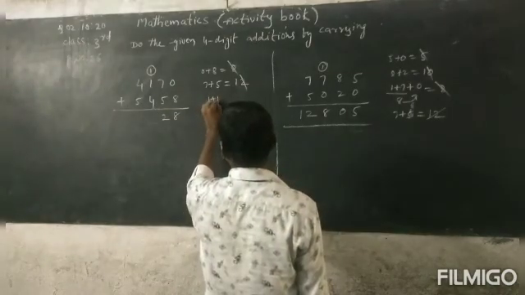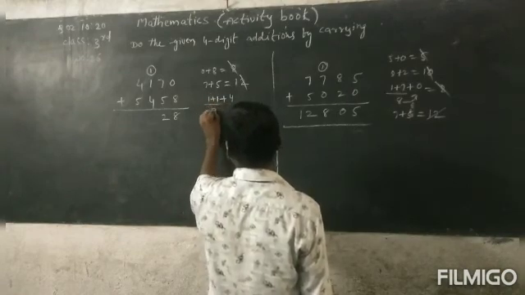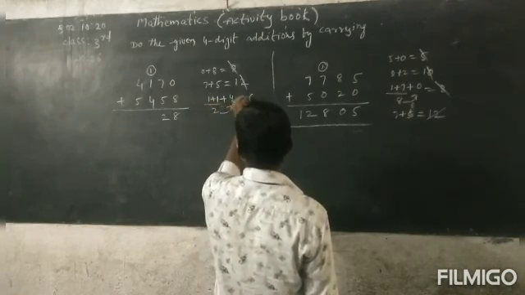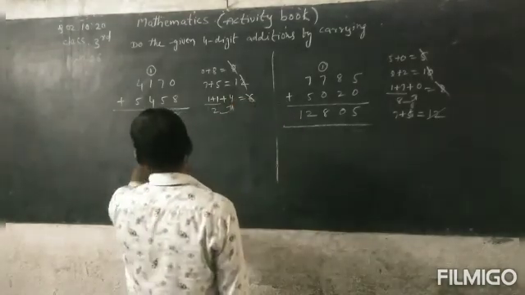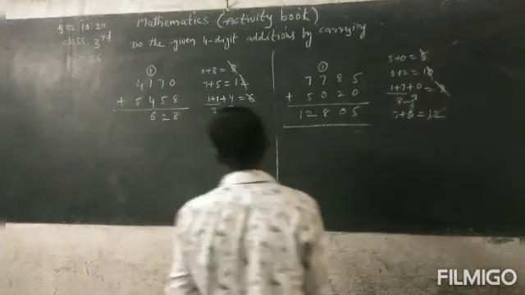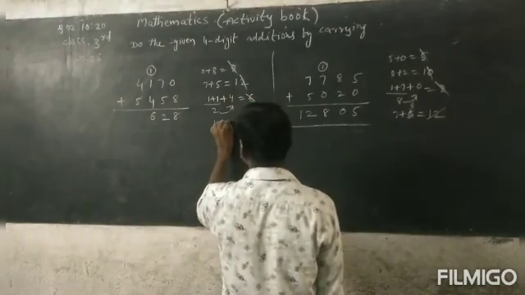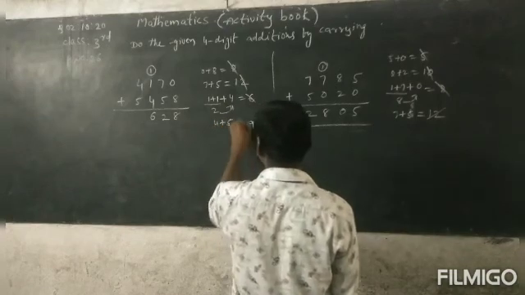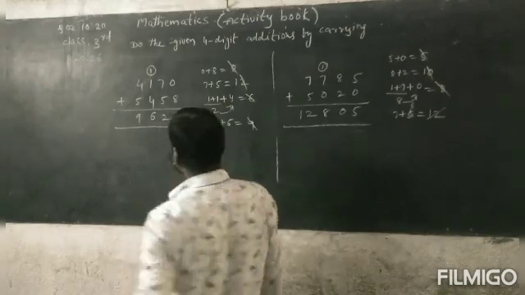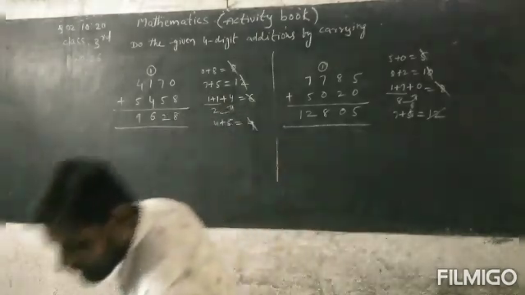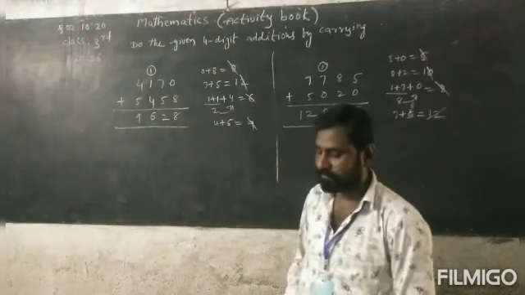Next, 1 plus 1 plus 4. 1 plus 1 is 2, 2 plus 4 is 6. Write 6 under the hundreds column. Next, add the digits in the thousands place. There is no carrying. 4 plus 5 is equal to 9. Write 9 under the thousands place. The sum is equal to 9,628.